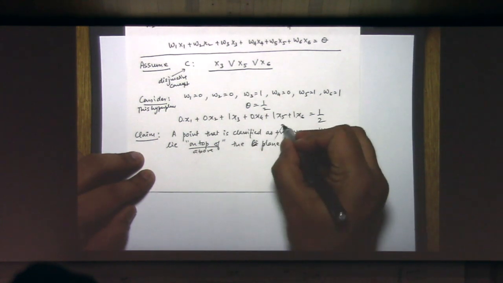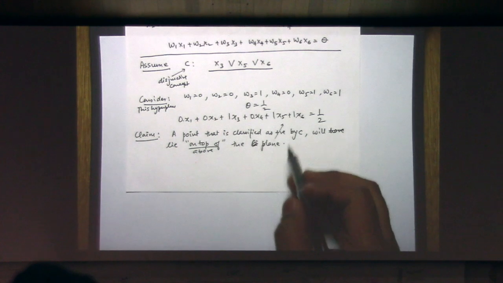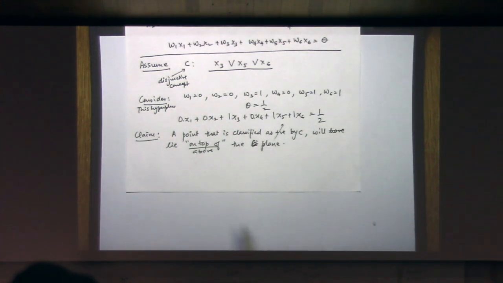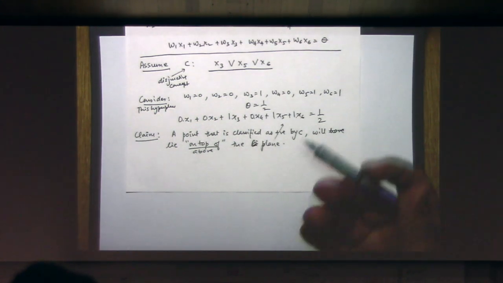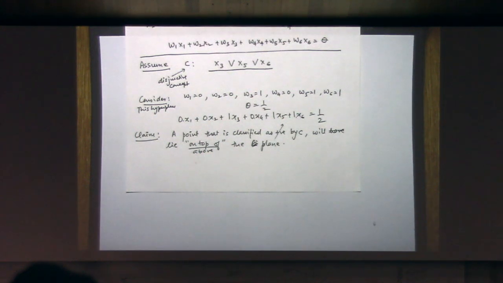All right, any point that is classified as positive by C will lie above the plane, and any point that is classified as negative will lie below the plane.